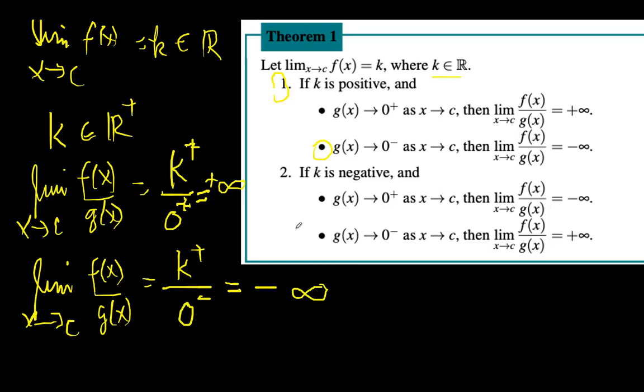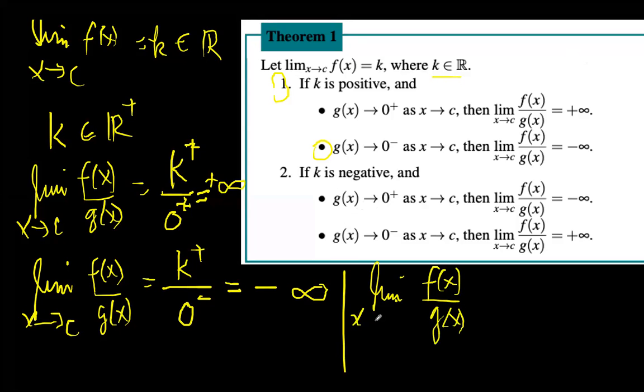Now in number 2, if k is negative and g of x approaches 0, where all of the values before approaching 0 are positive. So let's write it down here. The limit of f of x over g of x as x approaches c is equal to, again, the limit k here is negative.